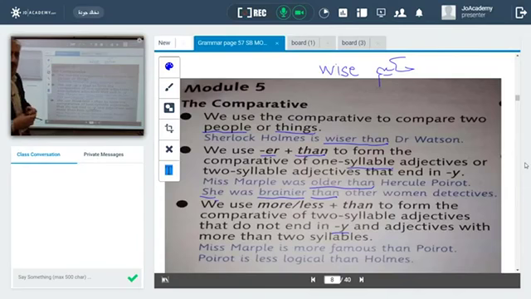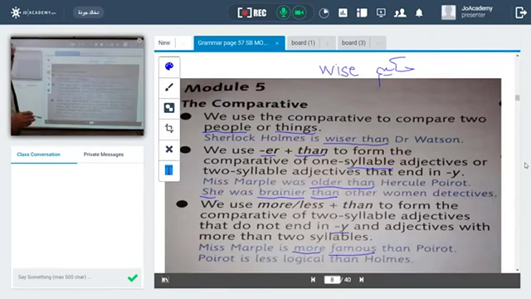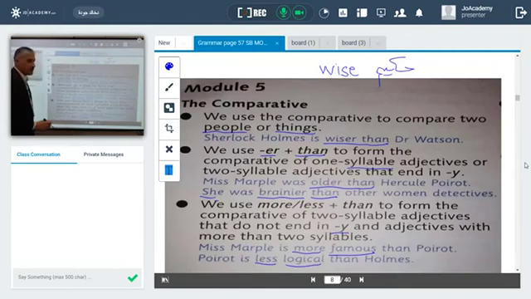It precedes the adjective. Here we have Miss Marble is more famous than. More famous. We have the adjective famous. It is two syllables. Than Poirot. Poirot is less logical. Less logical.